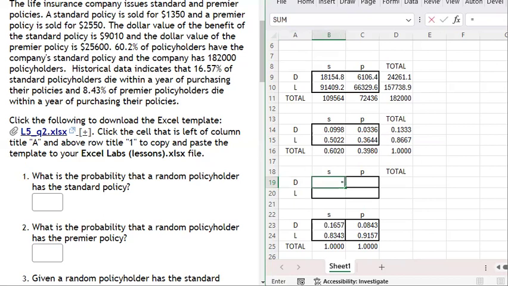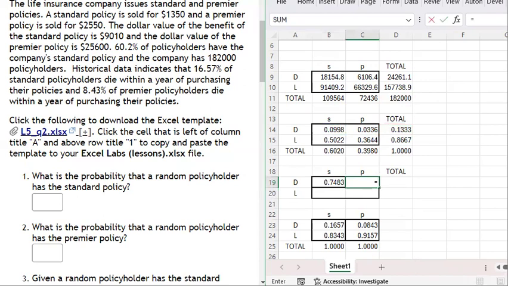So now we're looking at the probability of S given D. So we can either take this and divide by that, or we can use these frequencies up here, right? We can divide that by this row total, right? Either way it works, right? So I can either do it this way, or I can use values from the probability table. Either way, I get the same number, right?